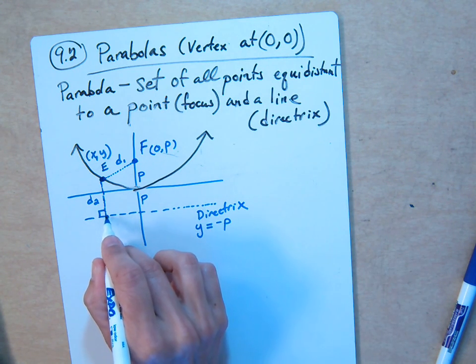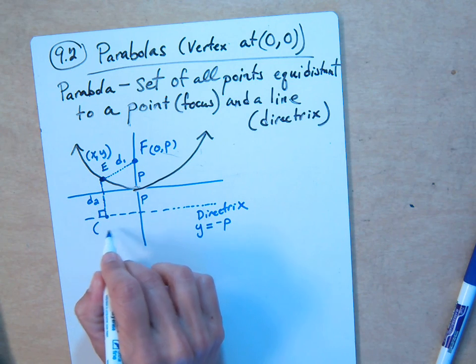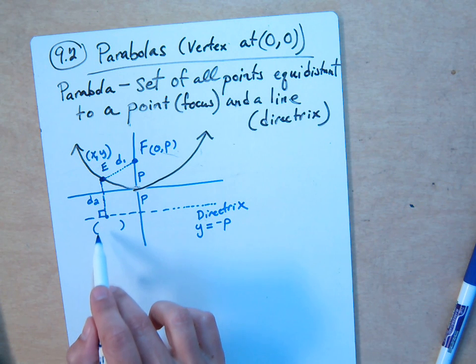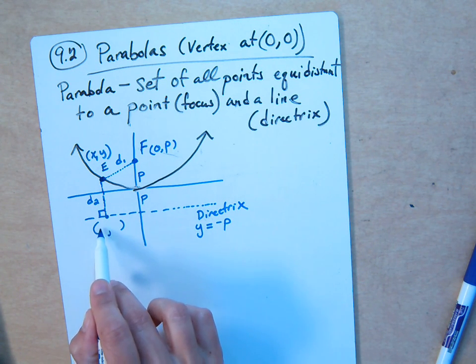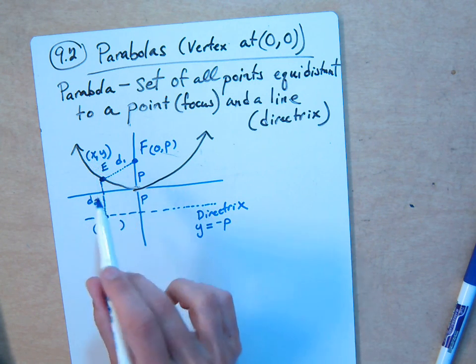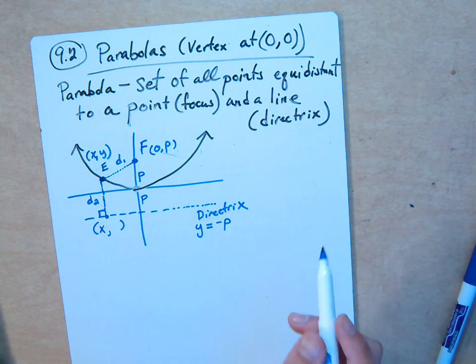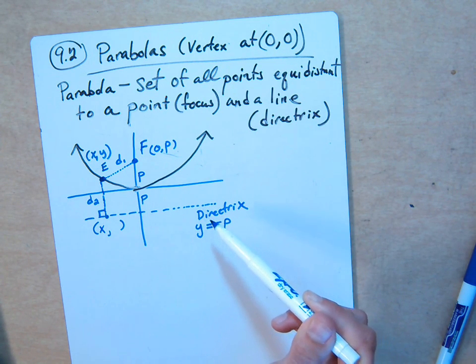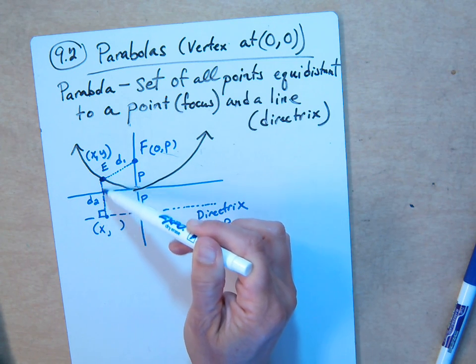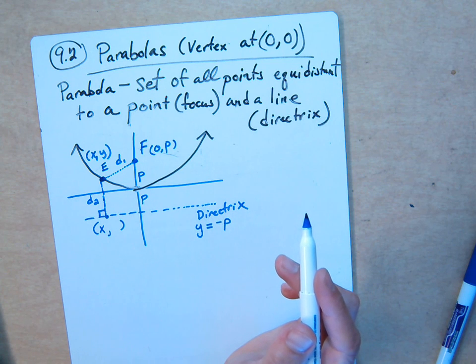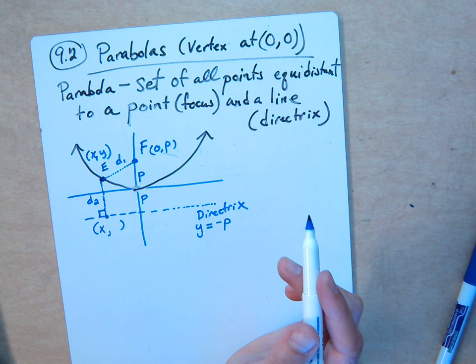And then the coordinates of this point here, I won't name it, I just want the coordinates so I can prove something. If this drops straight down, what would I label the x coordinate here? It's the same as this, so this is just x. And then since the directrix is y equals negative P, this distance away from this point is going to be y equals negative P. Why did I put that there?